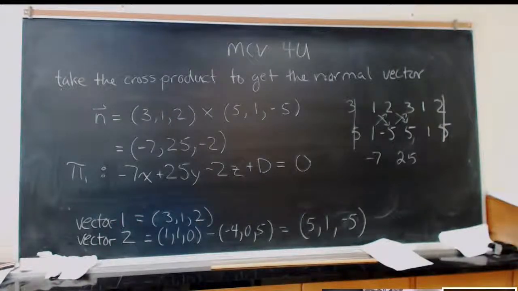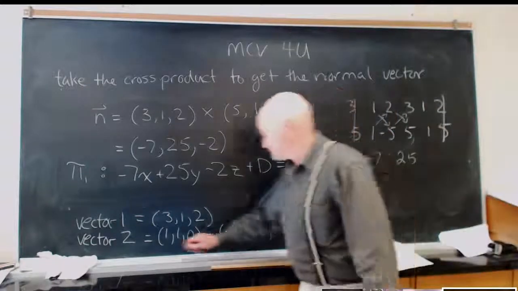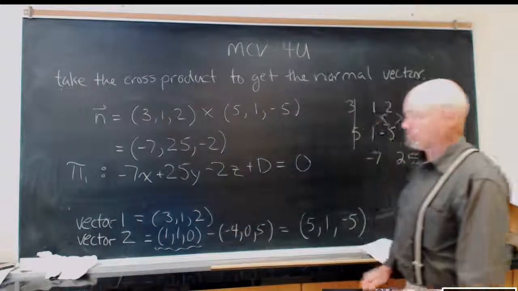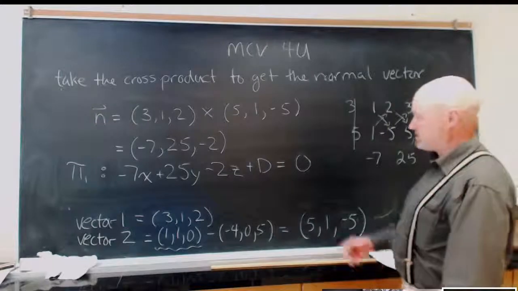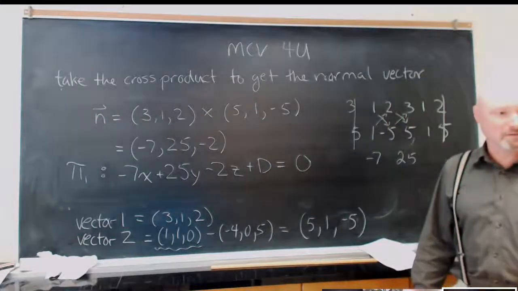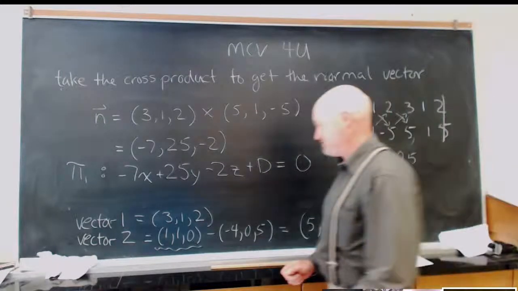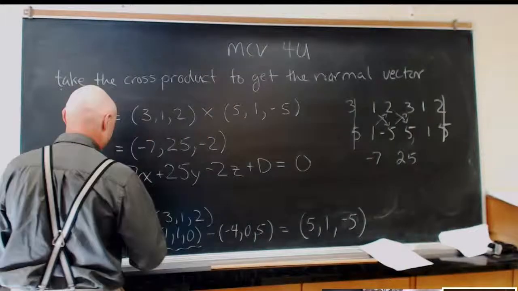And we can choose our x, y, and z values. That point there lies on the plane, right? 1, 1, 0. It's got a 0 in it, so it's got to make it easy, right? So let's substitute that in.